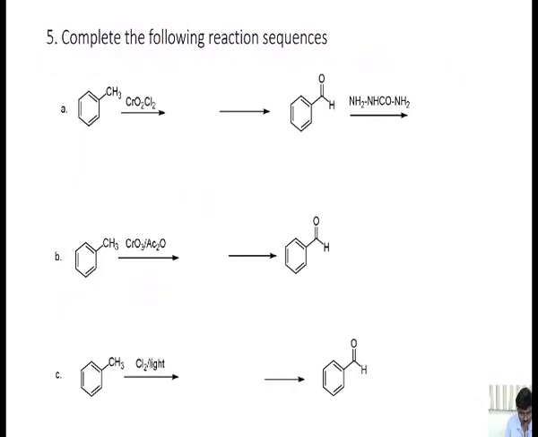Now let us look at a series of reactions. The first one involves the reaction of toluene with chromyl chloride. We have to find out the intermediate.